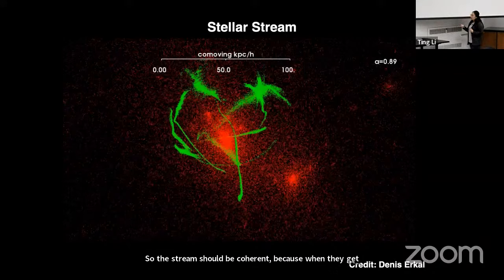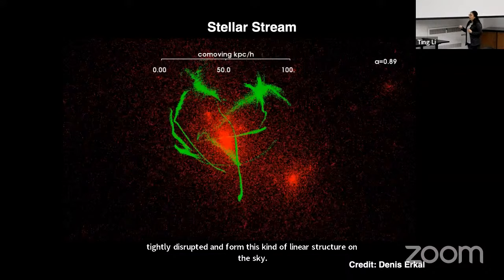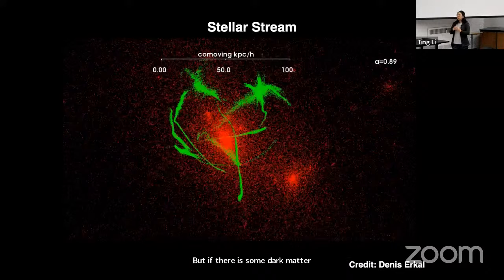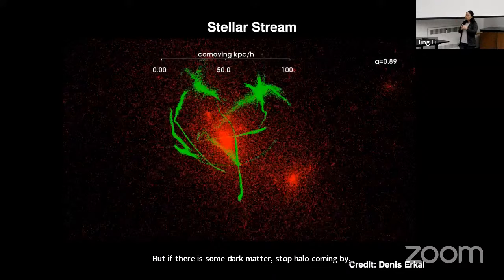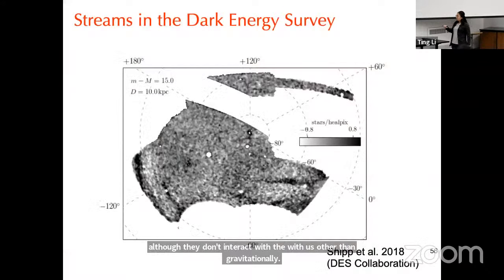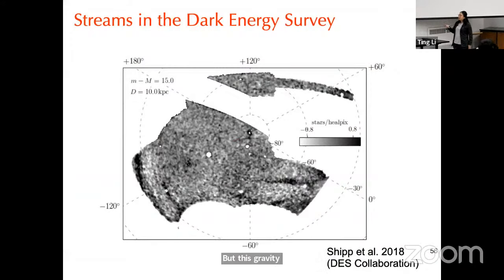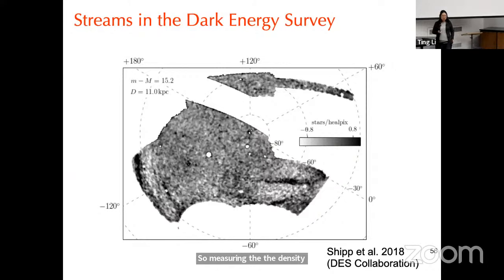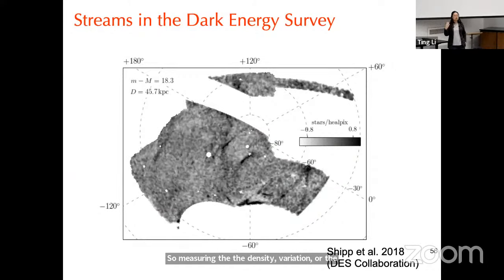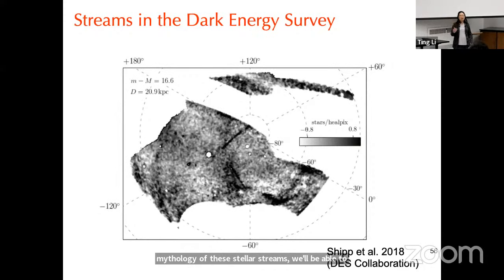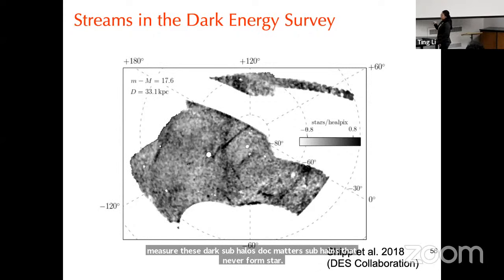But if there is some dark matter subhalo coming by, although they don't interact with us other than gravitationally, the gravity of the subhalo passing by can form these kind of gaps in the streams. So by measuring the density variation or the morphology of these stellar streams, we'll be able to measure these dark matter subhalos that never form stars. And that's something we're trying to get.